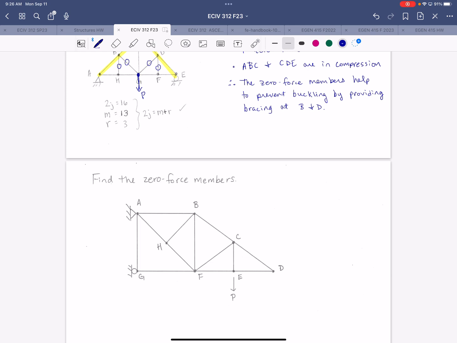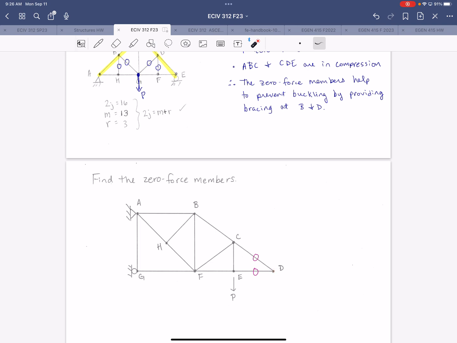Yeah, so which 2 are probably the easiest to spot right off the bat? CE is not zero force because you have a force at E, right? Yeah, so ED, for me, the 2 most obvious ones would be ED and CD, because you have 2 members at a joint, right?